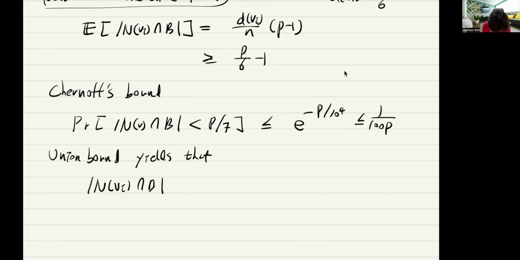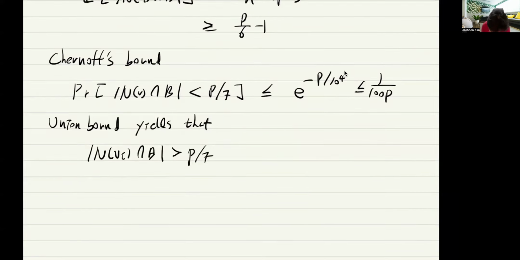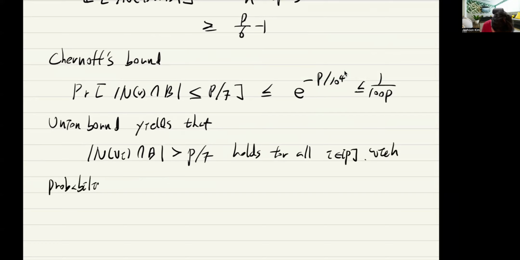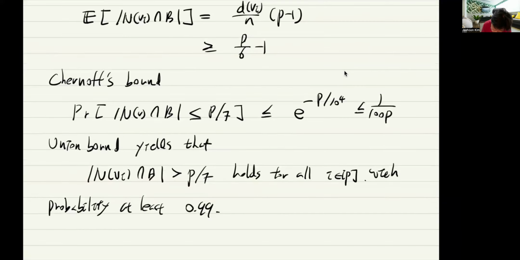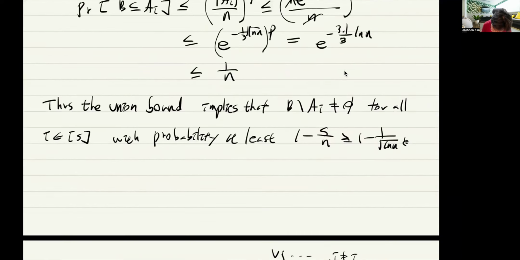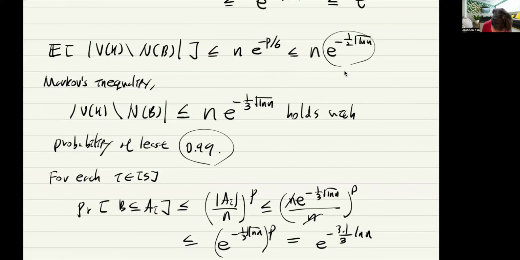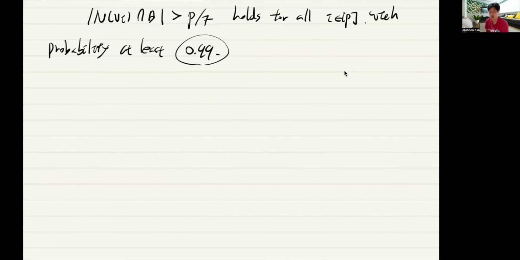This v_i has more than P over 7 neighbors for all i with probability at least 0.99. So this event, this event, this event, each bad event happens with probability less than 0.01, and there are 3 types.